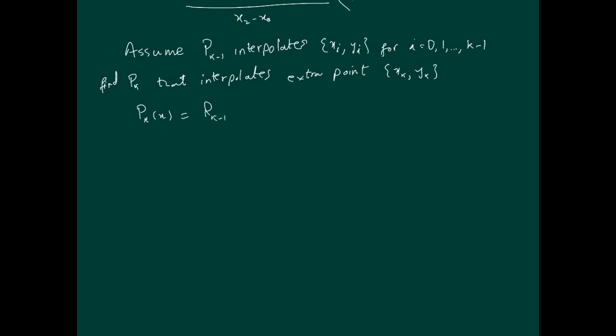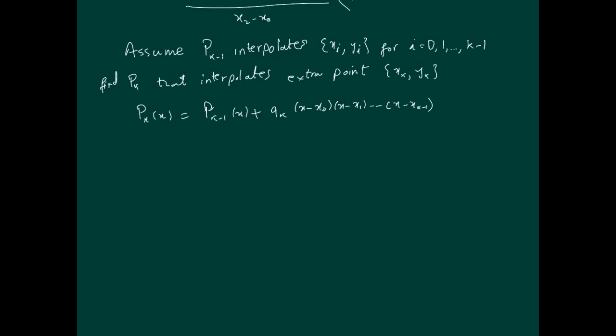Okay, so this means, and the method we've been working at is pk of x. This generates all, so in other words, if you start from P0, how do you get P1 and P2 and so on. So that would work out something like this. It's pk minus 1 of x, of course, the previous polynomial, of k minus 1 points, plus some constant ak into x minus x0 into x minus x1 all the way up to the k minus 1 points.